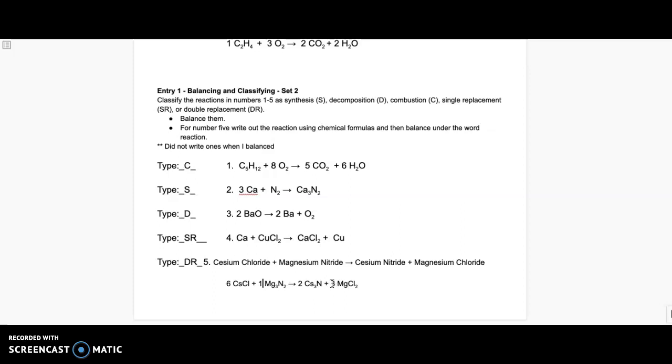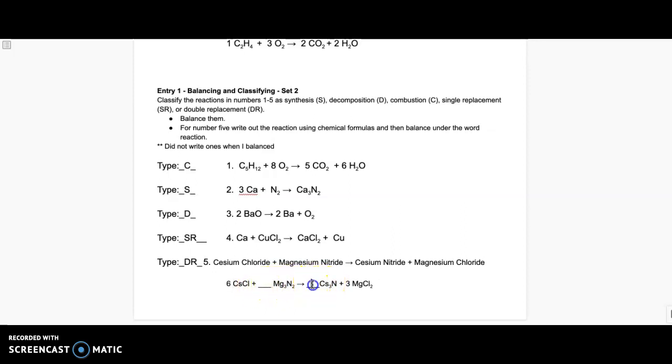Now, if you get stuck on a problem like that, start by trying to balance in a different spot. So say you got stuck. You're like, all right, I don't know. I'm going to start with magnesiums now. I'm going to go to the next metal. Magnesium's a 3, so I need a 3 there to give me 3 magnesiums. That gives me 6 chlorines. So right here, I need 6 chlorines.